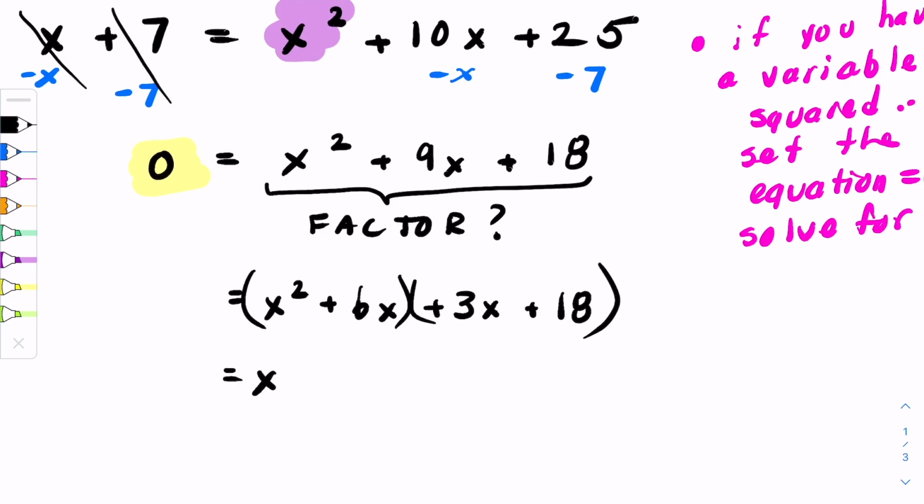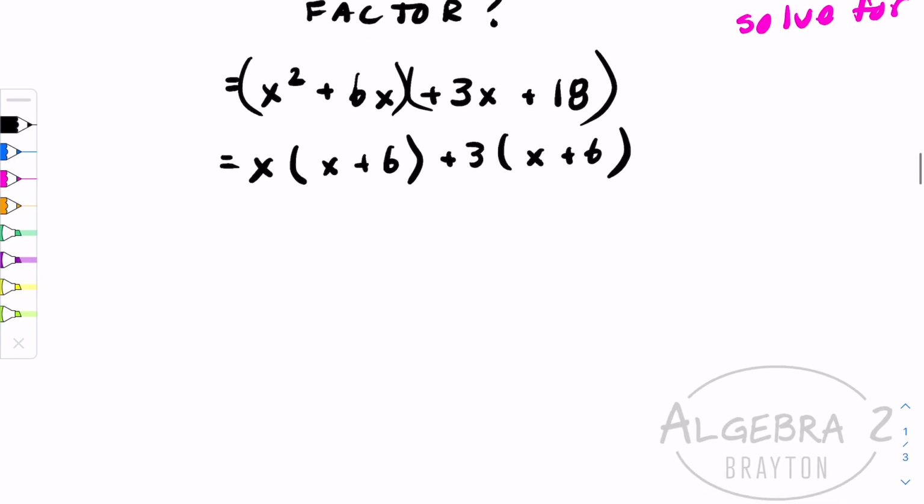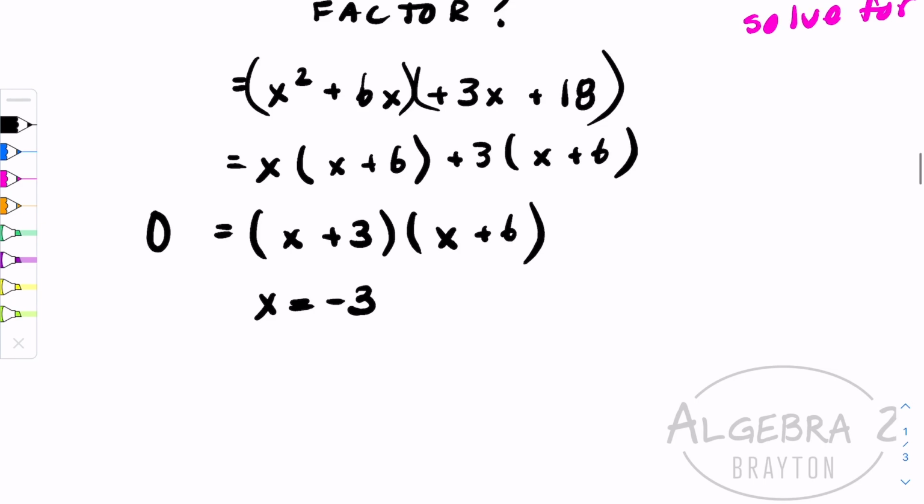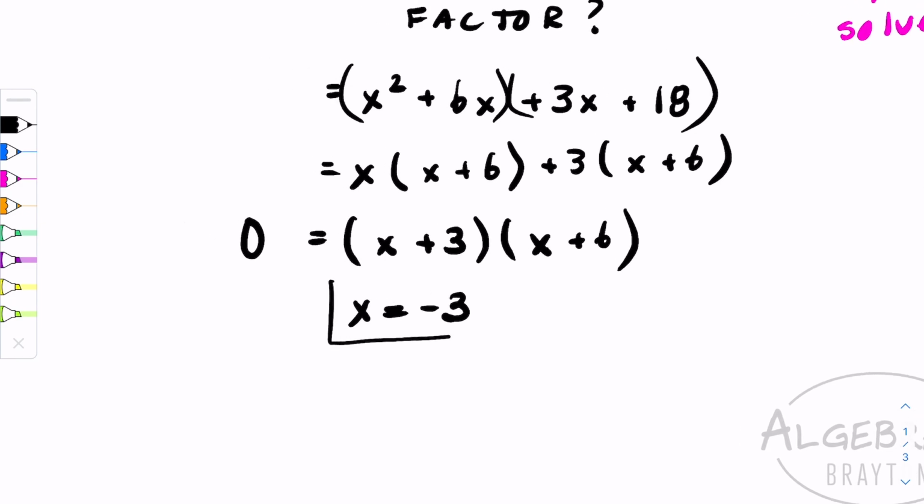Factor out an x from the first two terms to get x plus 6, factor out a 3, x plus 6. We have 0 equals x plus 3 times x plus 6. And at this point, you set each factor equal to 0, giving you a solution of x equals negative 3, and also a solution of x equals negative 6.